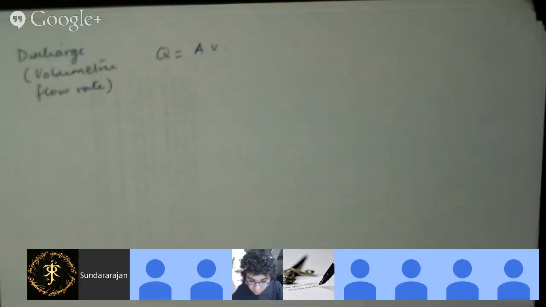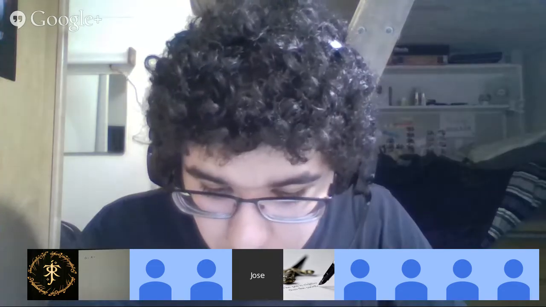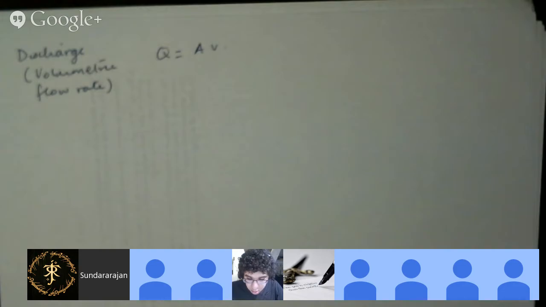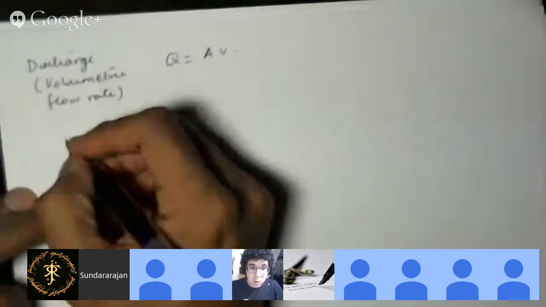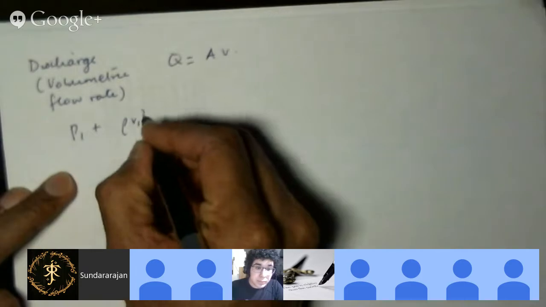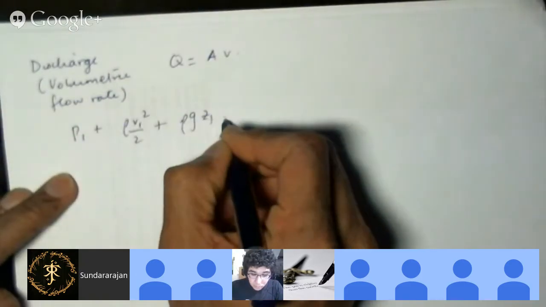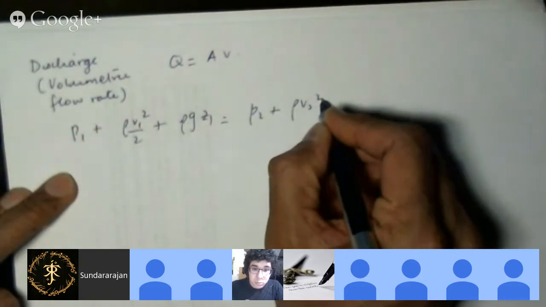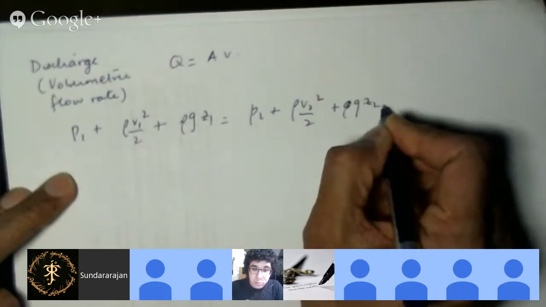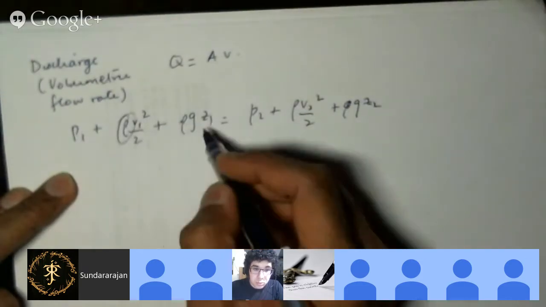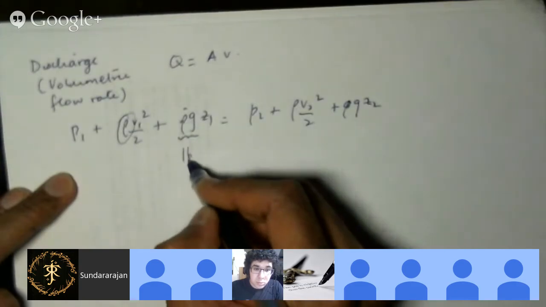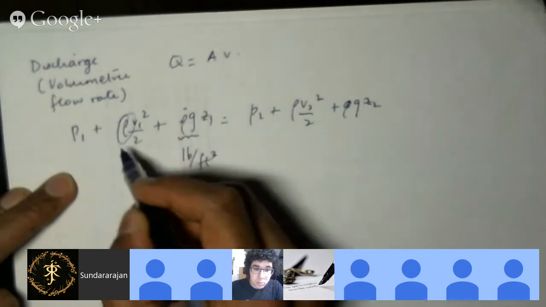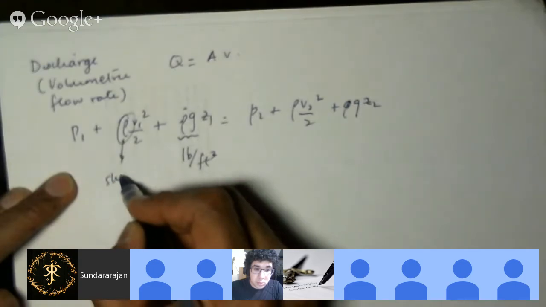So you can do that. You said the Q is in cubic feet per second. Yeah. The one thing that you need to keep in mind in this equation, P1 plus rho V1 squared over 2 plus rho g Z1 equals P2 plus rho V2 squared over 2 plus rho g Z2, is that this rho and this rho g would be in pounds per cubic foot, whereas this rho you have to convert to slugs.